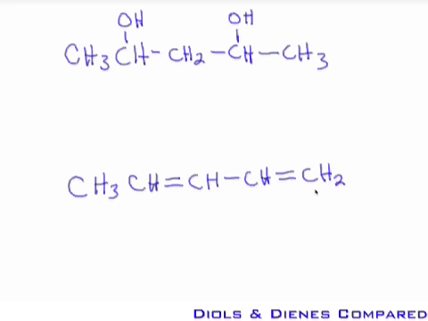So simply, instead of the OHs, I've got double bonds. Now, as usual, you must find the longest carbon chain. So I'm going to count 1, 2, 3, 4, 5. This is a pentane. Replace the ane with ene. That's pentene. There's 2 enes, pentadiene.